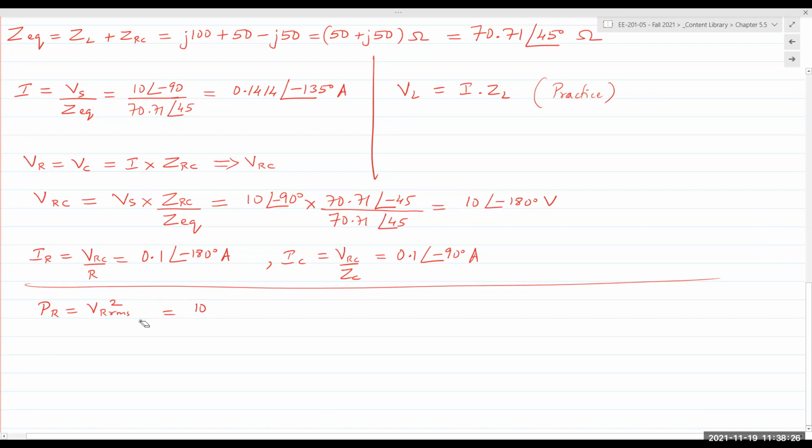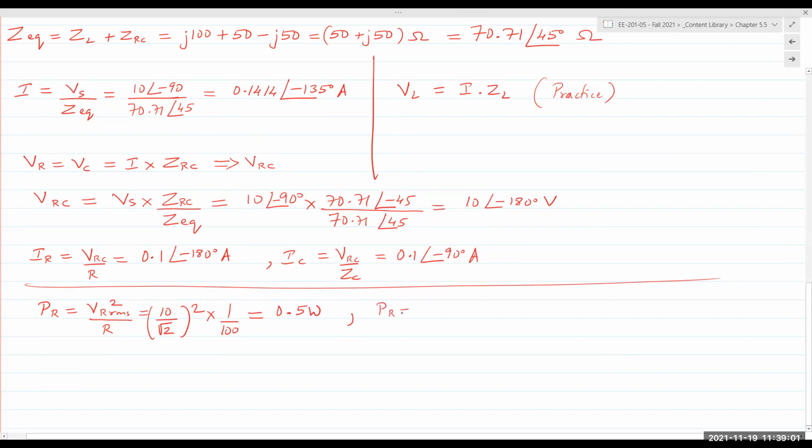So this would be 10 divided by root 2, square, divided by R. 10 square is 100, divided by 100. Cut off 1 over root 2 square, so half, meaning 0.5 watts.